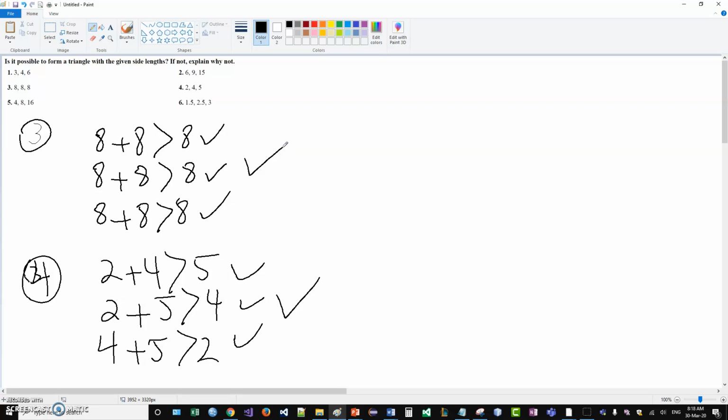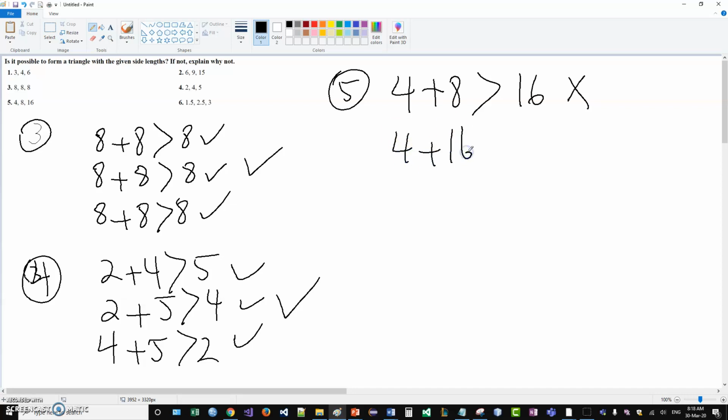Let's look at number 5. 4 plus 8, is that greater than 16? No. It's enough to say that we cannot form a triangle. But let's just continue. 4 plus 16, is that greater than 8?